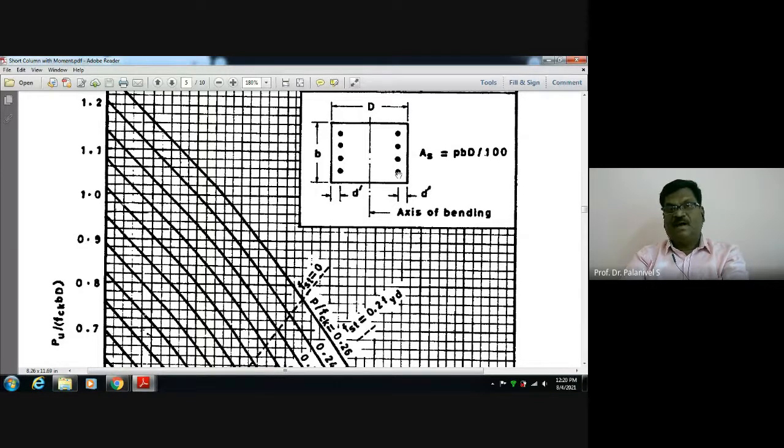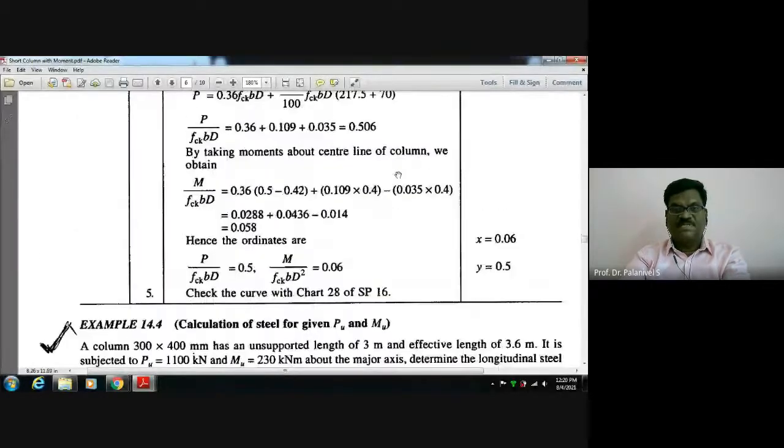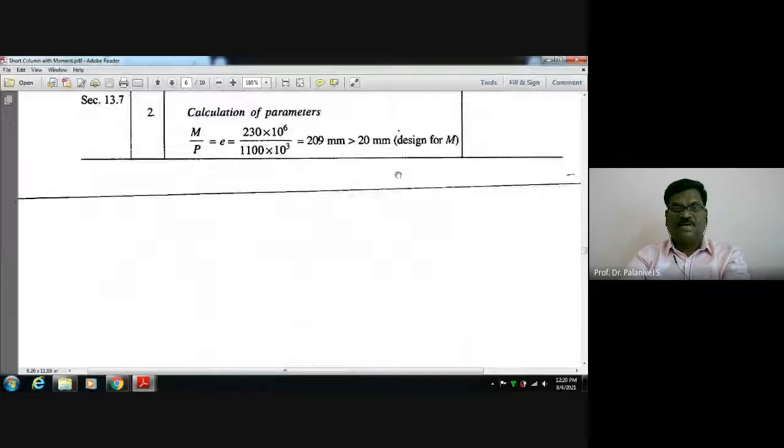This side half diameter of bar, that side half diameter of bar, 28, add with 80, that is 108. In 300 you deduct 108. That is divided by how many spacings are there in between: 1, 2, 3. Divided by 3 will give you the center to center distance between the bars approximately. It may not be the clear spacing. That is how you get the spacing of bars, and it is shown here in this problem.